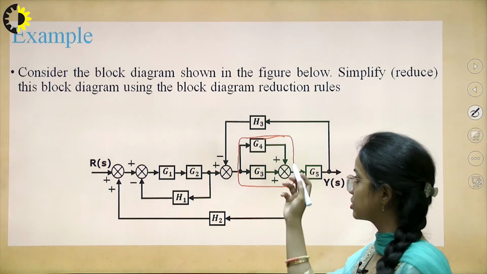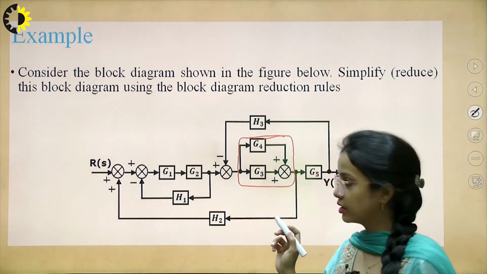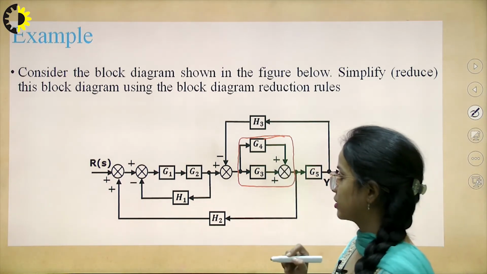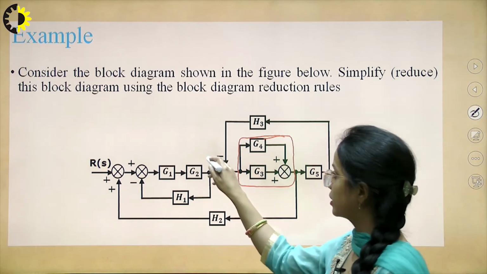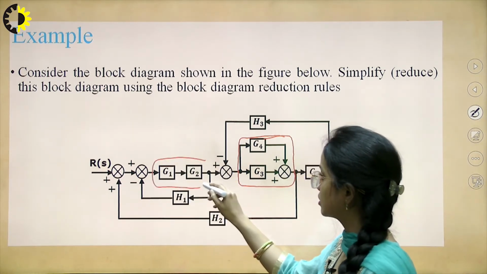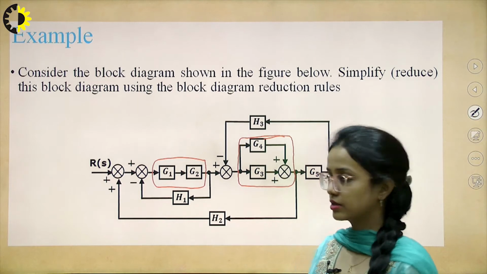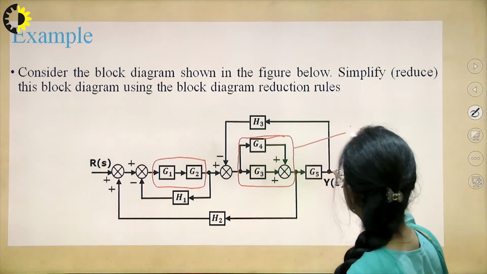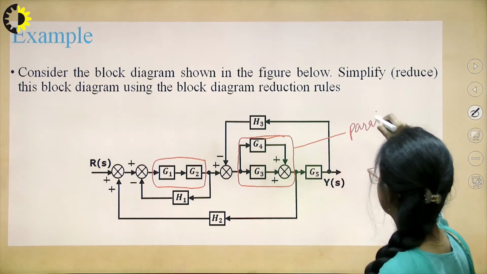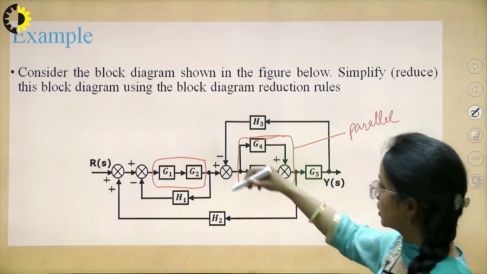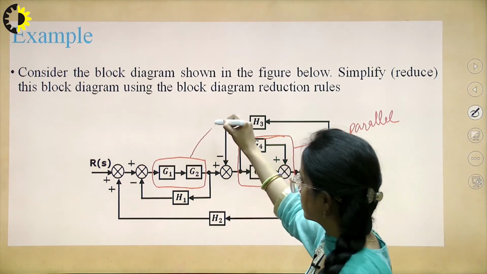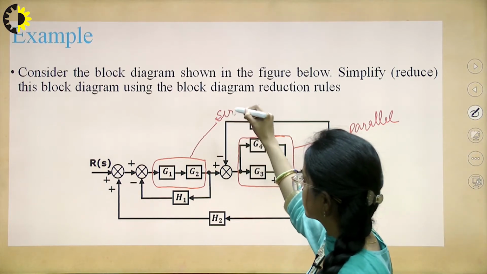Parallel means G3 plus G4 simply. Another reduction can be achieved by combining the two blocks in series. So I am writing here: parallel, and this one is series.